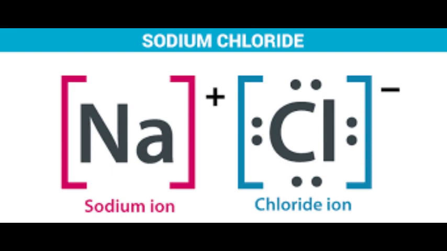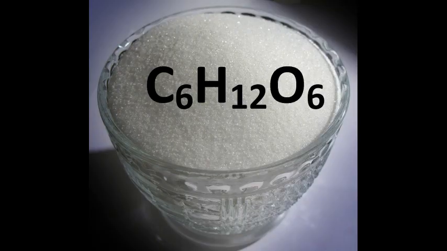So salt is a compound made up of two elements, sodium and chlorine. Now we know sugar. The molecular formula for sugar is C6H12O6. That is, it is made up of carbon, hydrogen and oxygen.